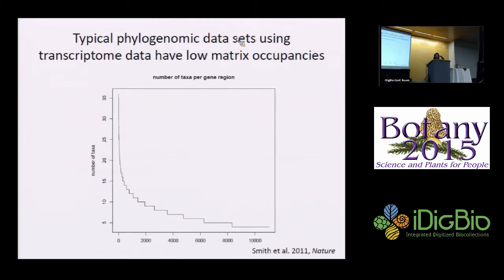So this is not trivial, because a typical phylogenomic data set has a lot of missing data. This is a data set where the x-axis is orthologs ordered by high taxon occupancy to low. As you can see, only very few genes have all the taxa.